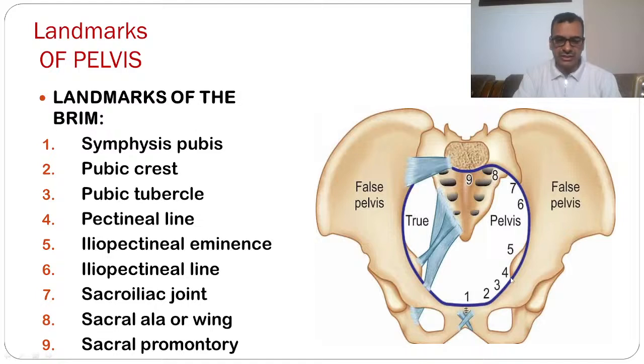After the pectineal line there is the iliopectineal eminence, again a broad projection. After the iliopectineal eminence there is the iliopectineal line. Then the sacroiliac joint, where the sacrum and ilium meet. Then the ala of the sacrum, or wing, and then the sacral promontory. So these are the main landmarks of the female pelvis.